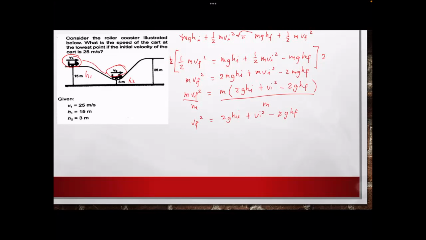Okay? So, we can now solve the given. So, magkakaroon tayo ng ating 2 times 9.8.